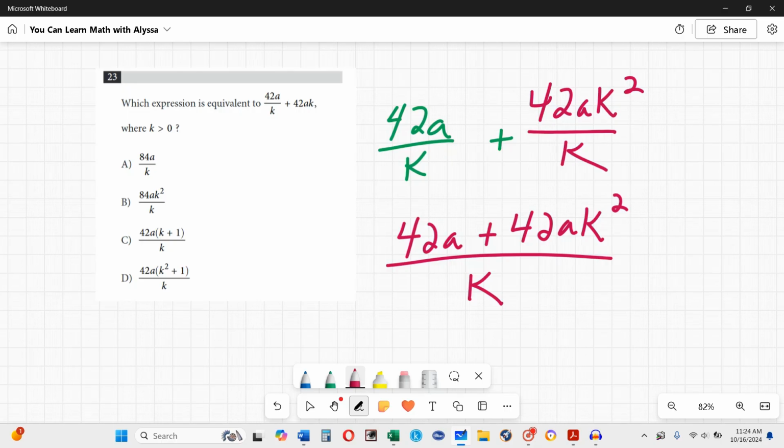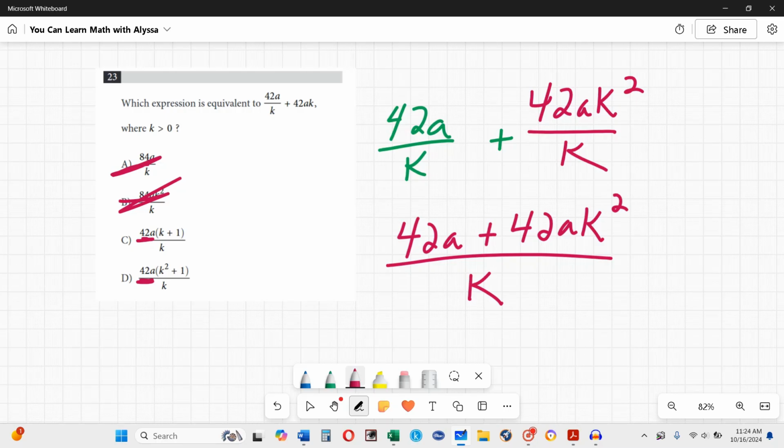They're not, so you can't. So A and B are not possible. Now C and D, we see they're factoring out. They're taking out that greatest common factor or seeing what's left behind. So in both of them, they're taking out 42a. So if you didn't know what the greatest common factor would be, they're actually giving it to you because both of them have the same one.